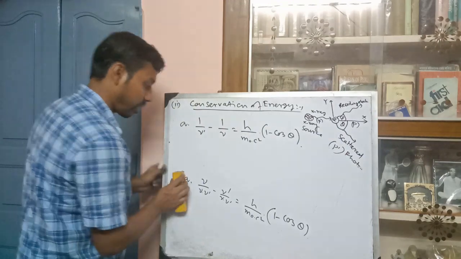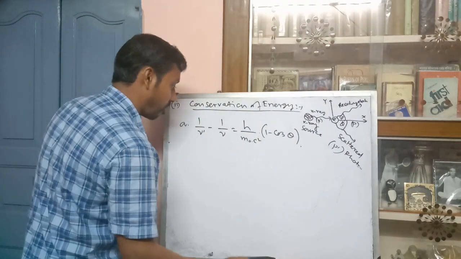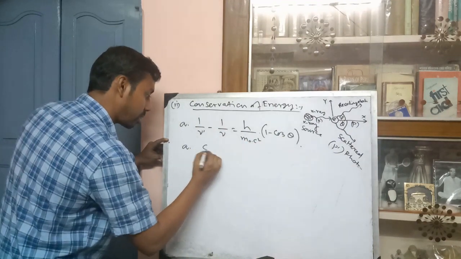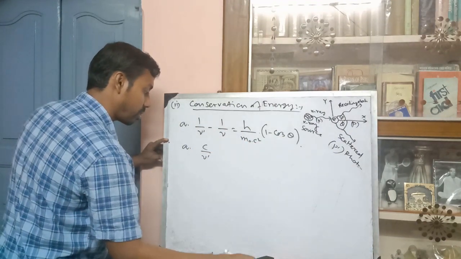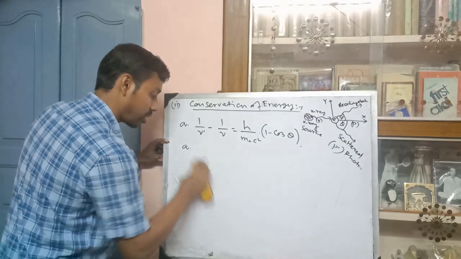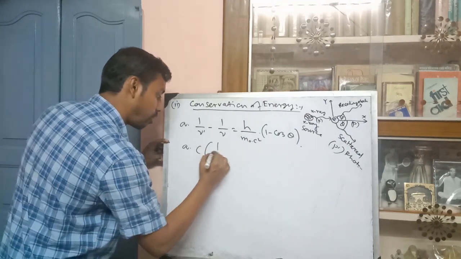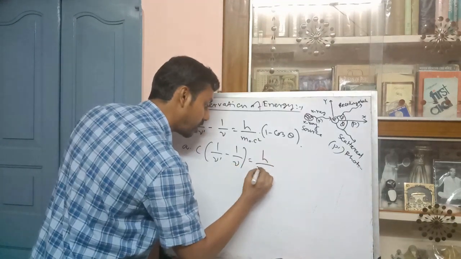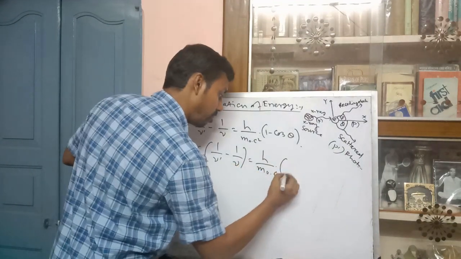So, taking c to this side, we get c into (1 by nu dash minus 1 by nu) is equal to h by m0 into c into 1 minus cos theta.